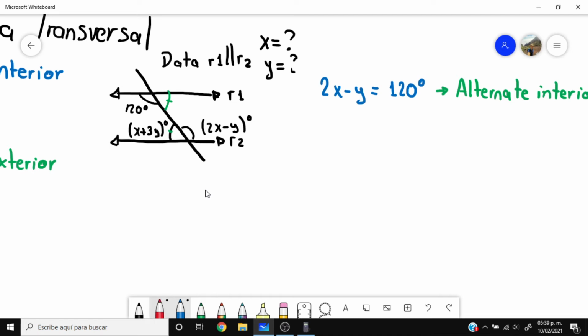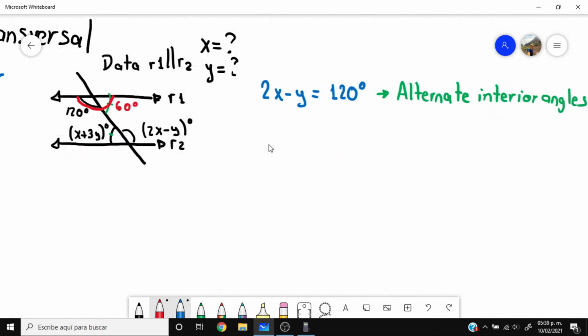But I know, for example, that this full angle over here is 180 degrees, but I already have, from that 180 degrees, 120. So that means that this angle over here is 60 degrees. Okay, so that angle is going to be the same as this angle over here because they are alternate interior. So that's what I'm going to write.